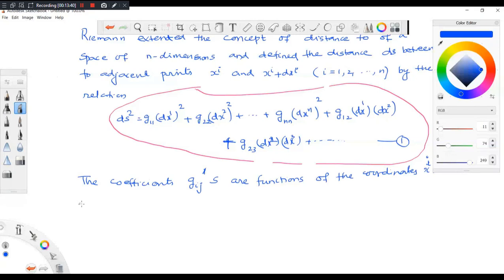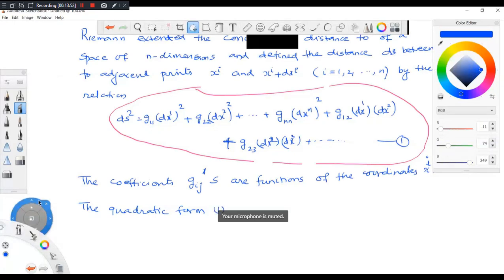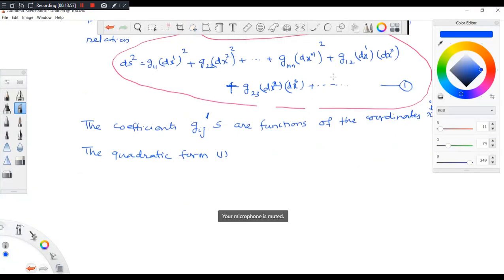Why is it called a quadratic form? You can see dx1 square, dx2 square, dx1 dx2: the total power is 2. Such expressions are called quadratic forms.